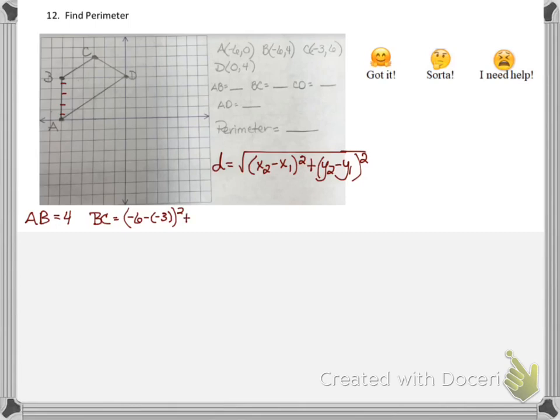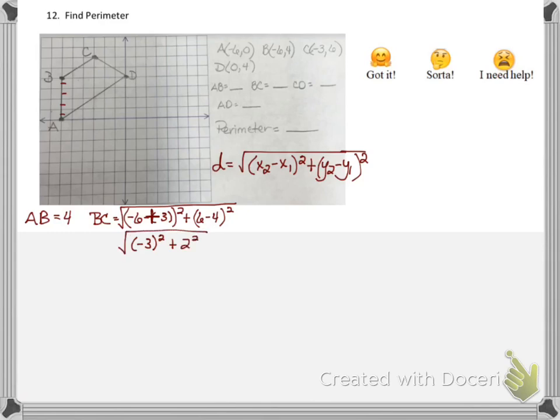And then the y's is 6 minus 4, and we're going to square it. And then this becomes the square root. So we clean this up right here. So negative 6 plus 3 is negative 3, and we square. Plus 6 minus 4 is 2, and we still square it.